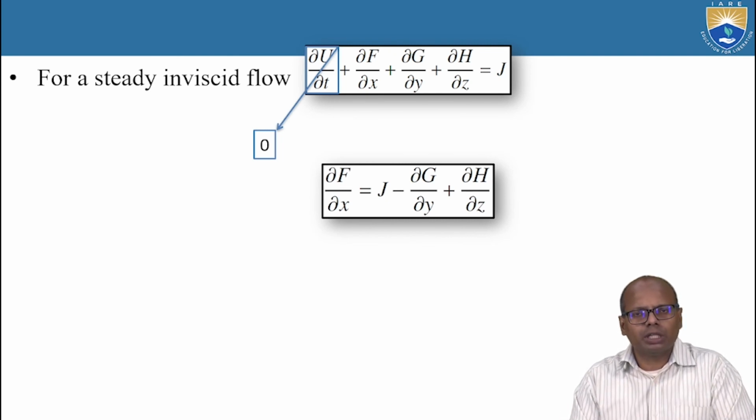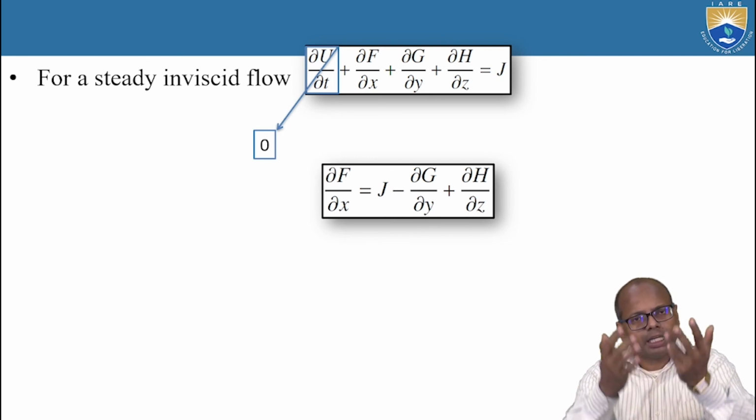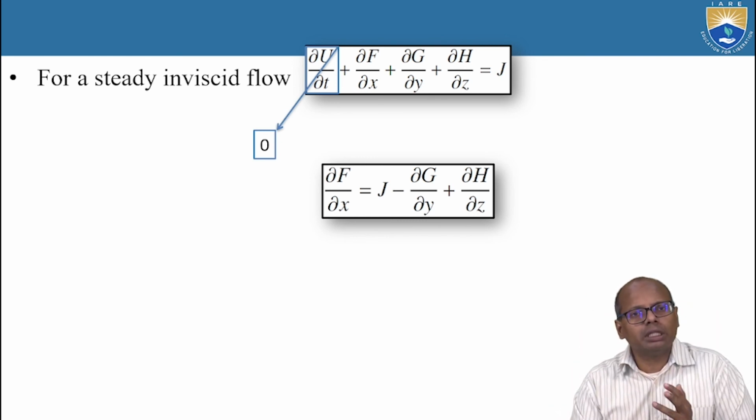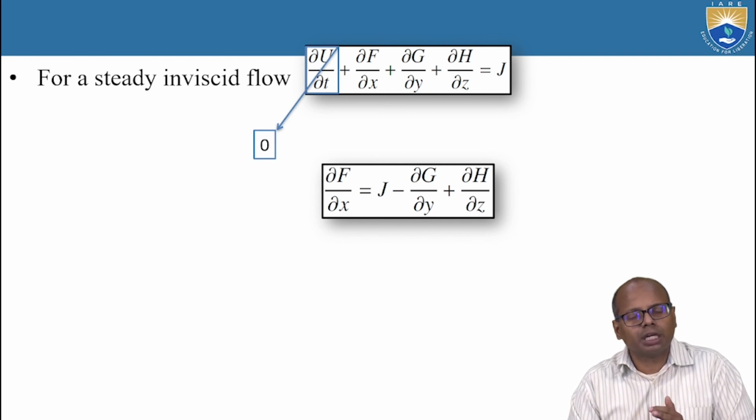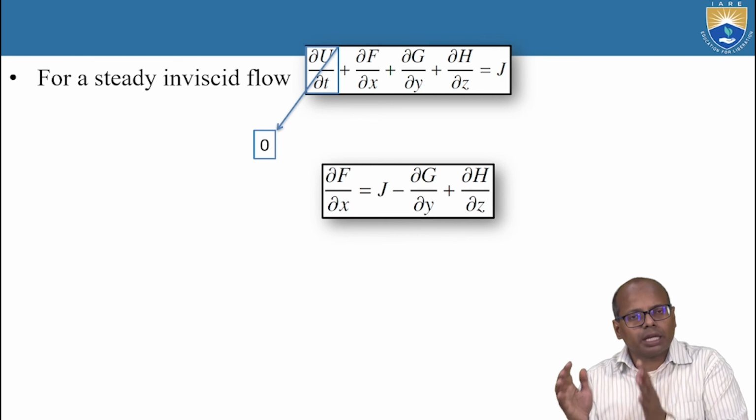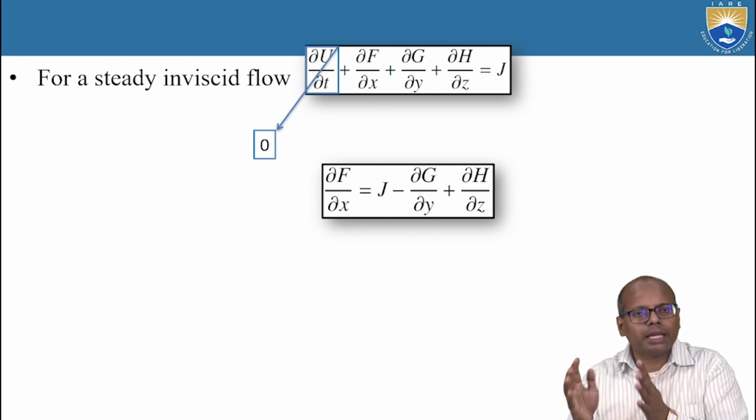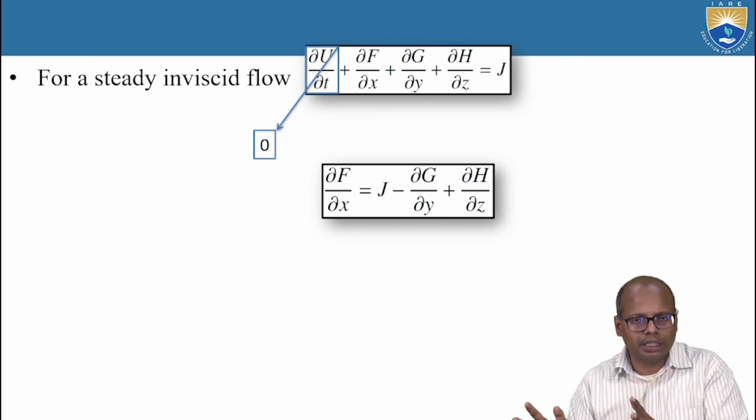Now what we have done in this class: we have listed out all the governing equations in conservation form, and we found that on the right hand side there are x, y, z terms separately.